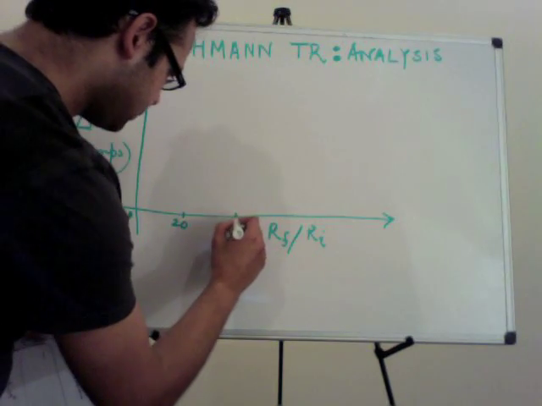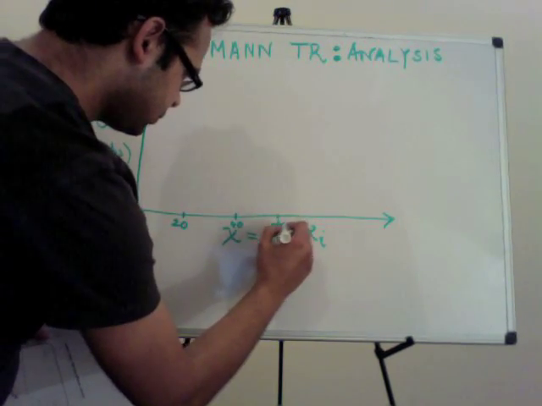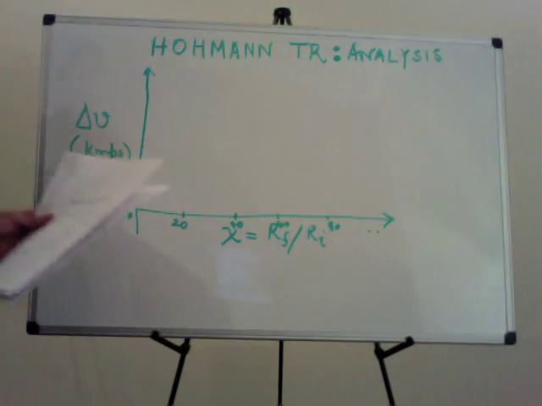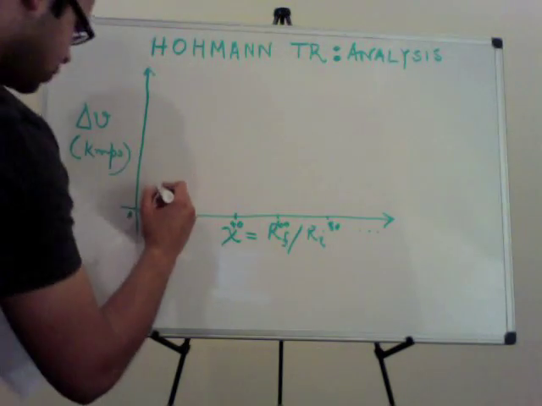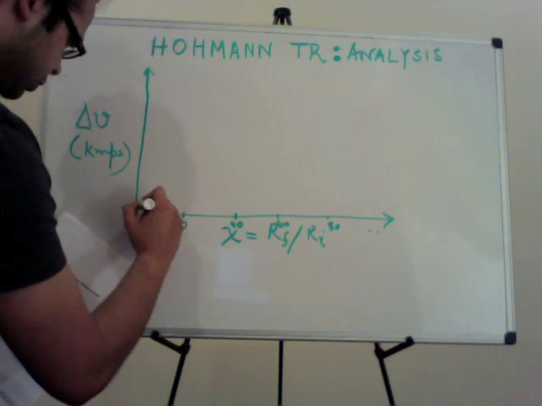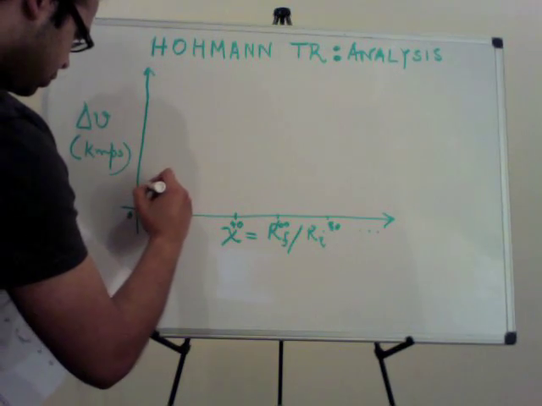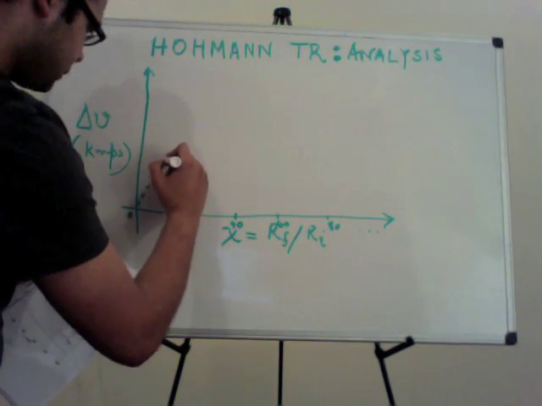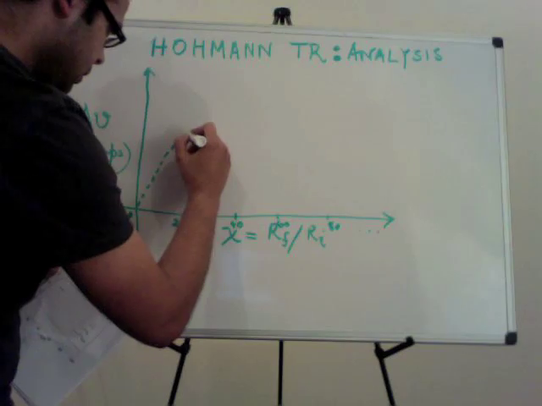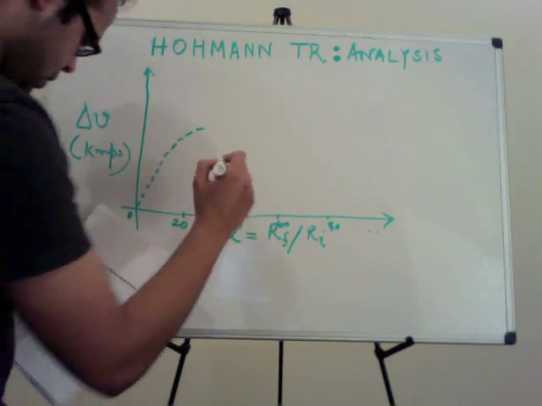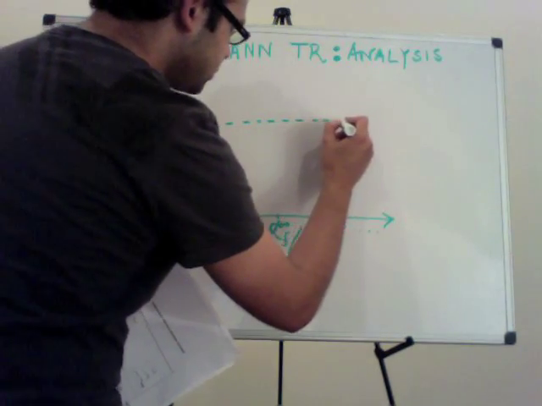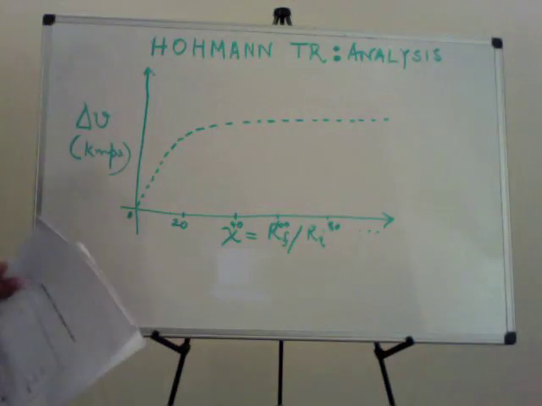20, 60, 80, and so on. You have the actual numbers in the graph in the notes. I'm going to show you the trend here. Delta V1 is monotonic and increases all the way, but then it flattens out and shows an asymptotic behavior.